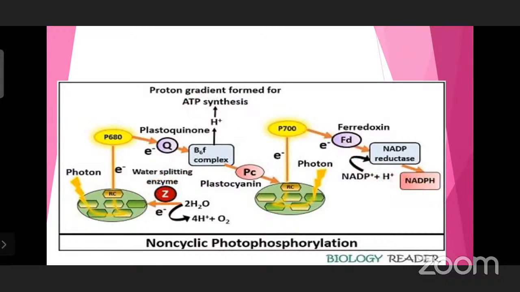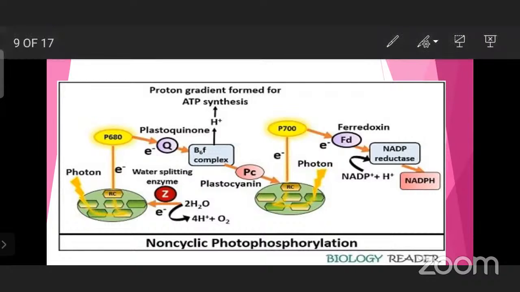And the most important thing you have to learn in this session, in this non-cyclic photophosphorylation, is about photolysis of water. You see here, two molecules of water means 4 protons and 4 electrons, and oxygen will be there. Can you see this arrow mark? In this arrow mark, you are seeing the electron is getting added here.